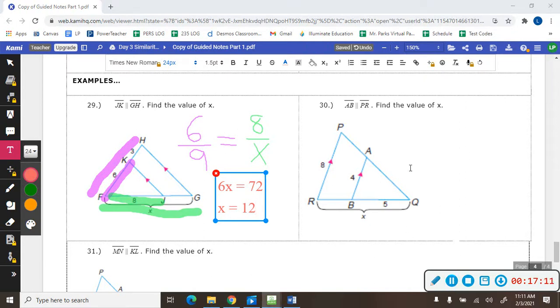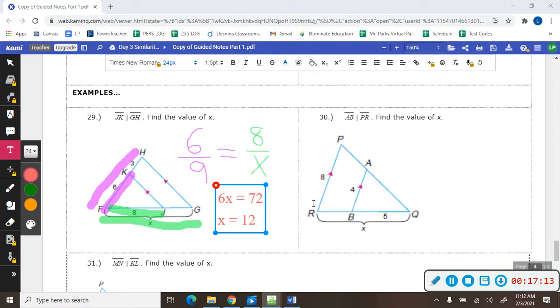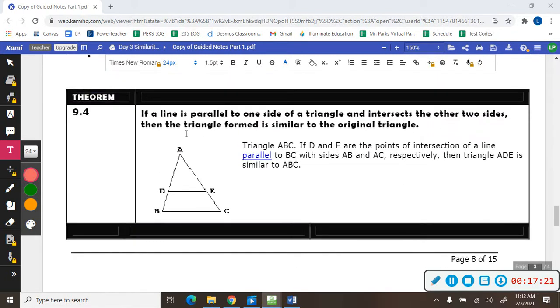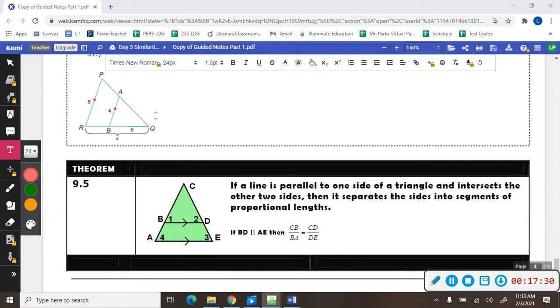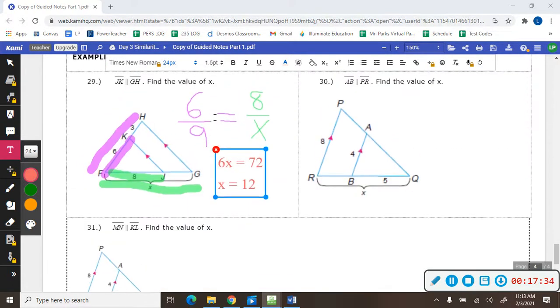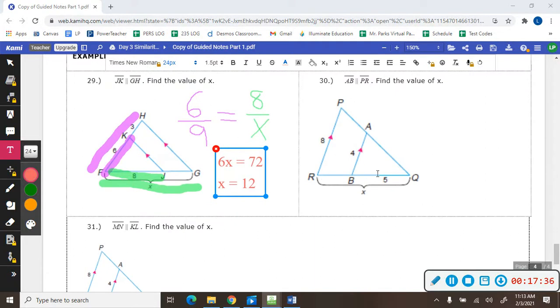Number 30, AB is parallel to PR. So because this is parallel and it's inside the triangle, we can come back up here and use this theorem that says that the small triangle is proportional to the large triangle. They're similar. So I'm going to set it up here.